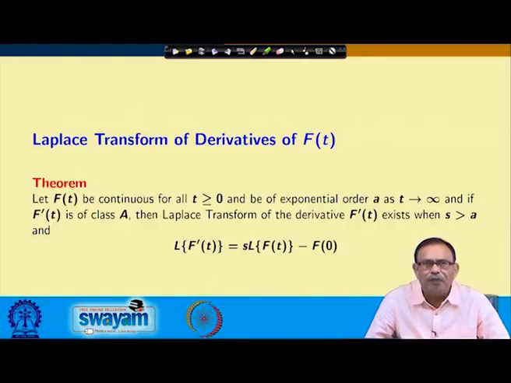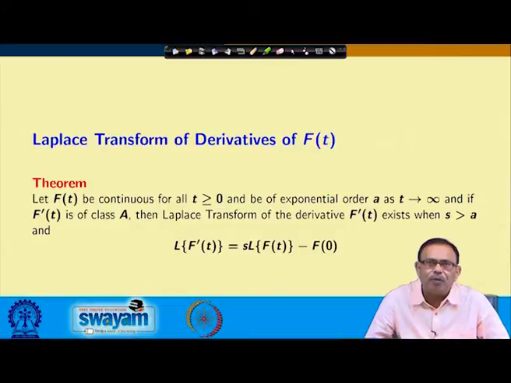So, note that f(t) is continuous and of exponential order a as t approaches infinity, and the first derivative f dash t is of class A, that is piecewise continuous and of exponential order.